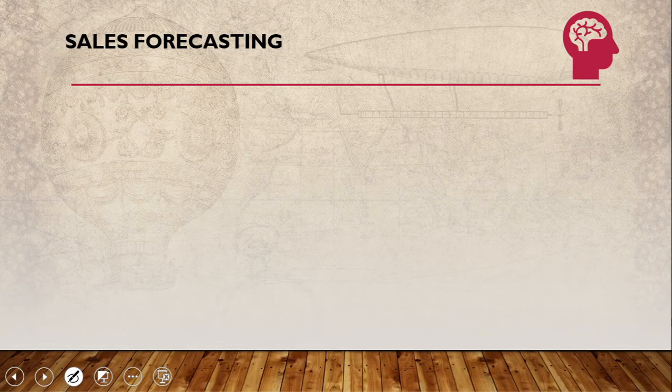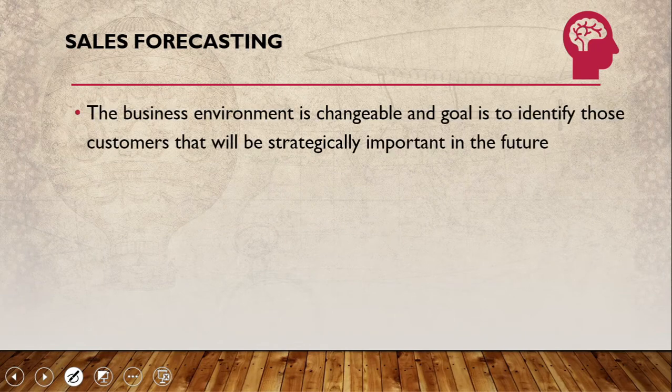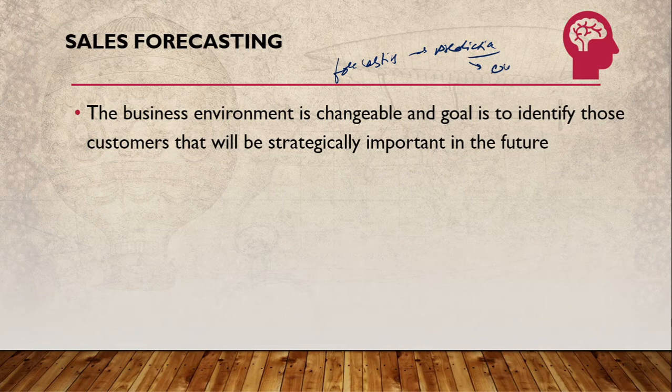The second one which helps us is sales forecasting. Sales forecasting is forecasting the sales of your product. Forecasting is doing a prediction, where you try to extrapolate or predict what the sales will be. Once you know the sales, this will help you identify the customers.